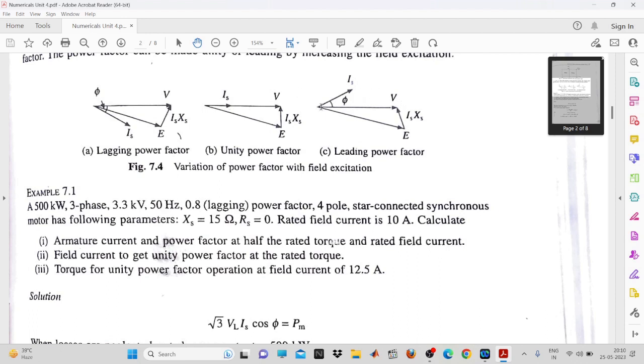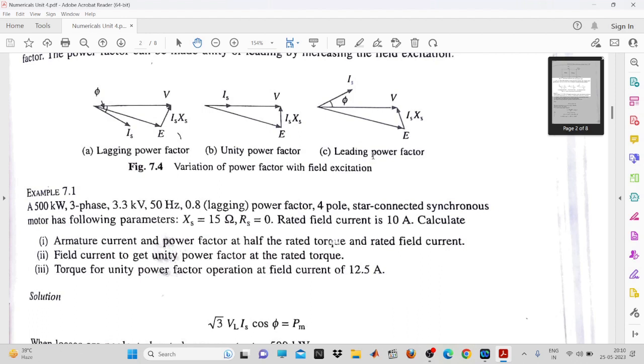Now you can see here, first we have plotted V, then E, right? And after that, Is into Xs. Again, you will have to extend this Is axis in the forward direction. Only then you can have the current perpendicular with respect to the Is into Xs reactive drop.